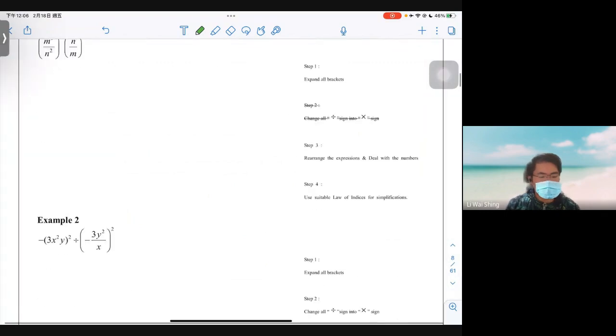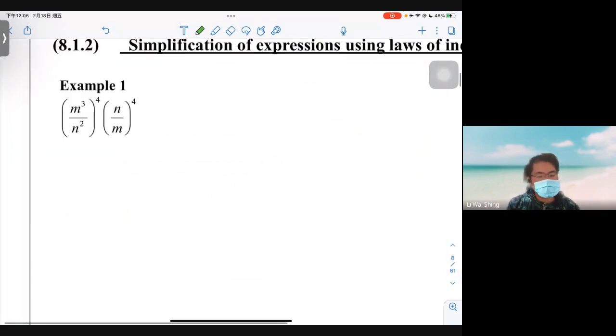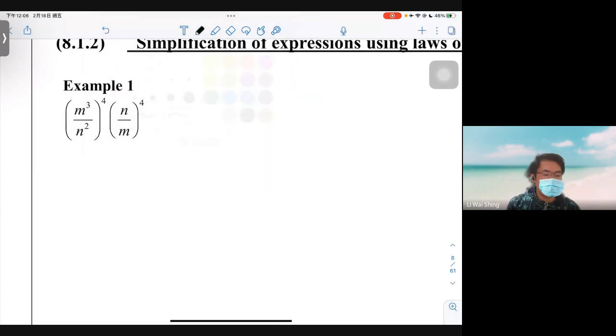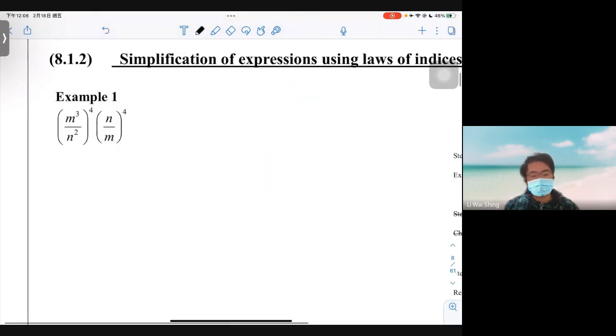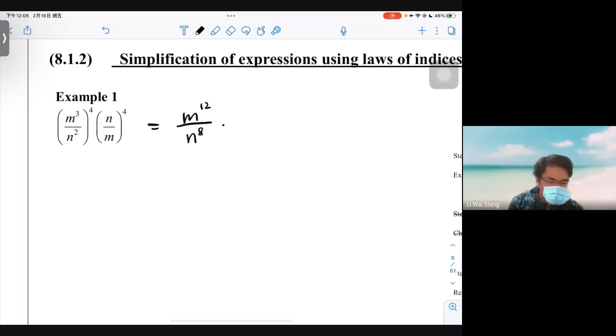will just do 1 to 2 examples, and then you can finish them all. So for example, example 1, I want to simplify this. First of all, expand all the brackets. 12 n to the power of 8, n to the power of 4, m to the power of 4. Second, some of you may try to combine them. M to the power of 12, n to the power of 4, m to the power of 4, n to the power of 8.